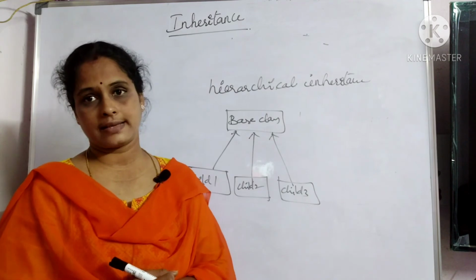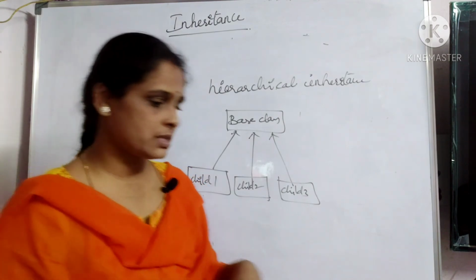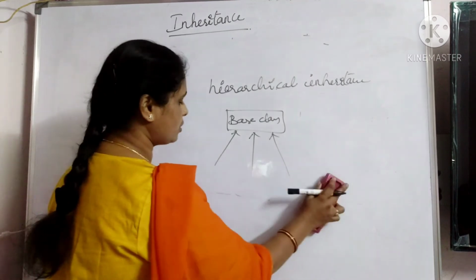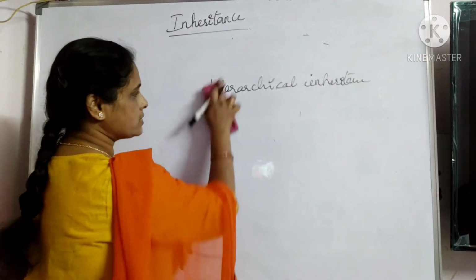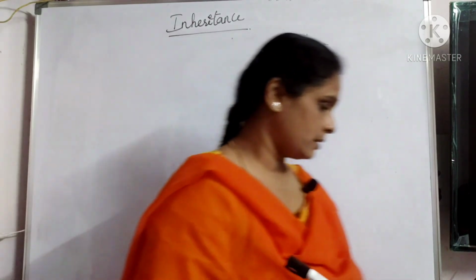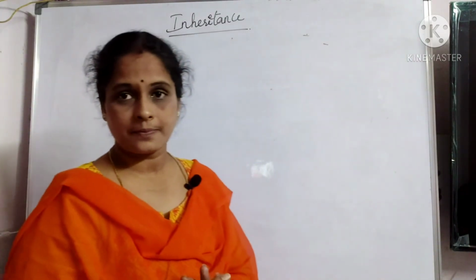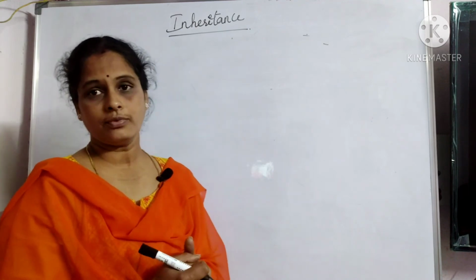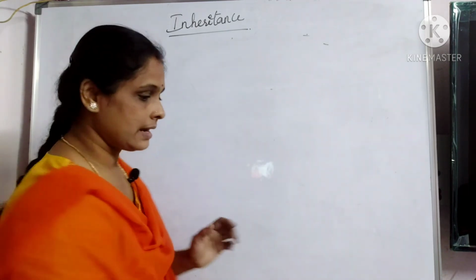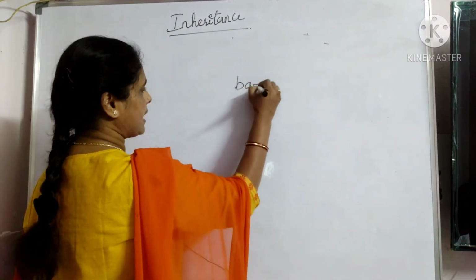Then comes the concept of hybrid inheritance, which is a combination of two or more kinds of inheritance. I repeat, hybrid inheritance is a combination of two or more kinds of inheritance. For example, I have a base class.